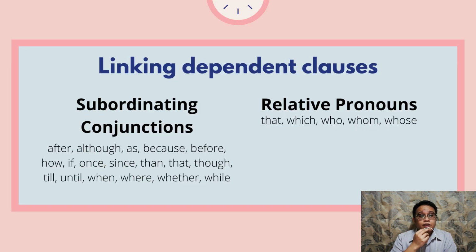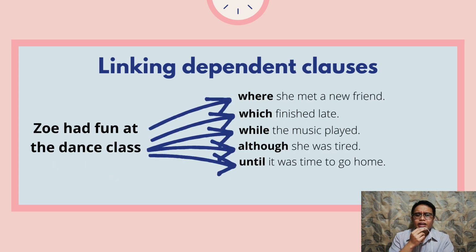So, for our dependent clause, we can link them using subordinating conjunctions, which are listed here, or a relative pronoun, which is also listed here. So take note of those conjunctions because that will really be helpful for you in identifying a complex sentence. Okay? So this is how the dependent clauses work.